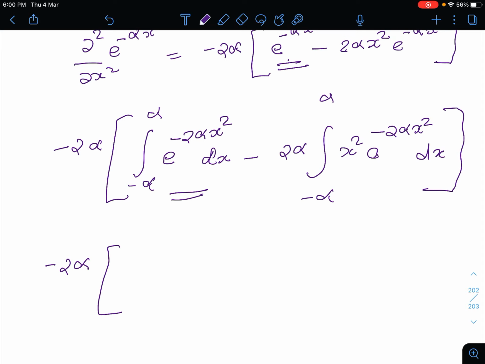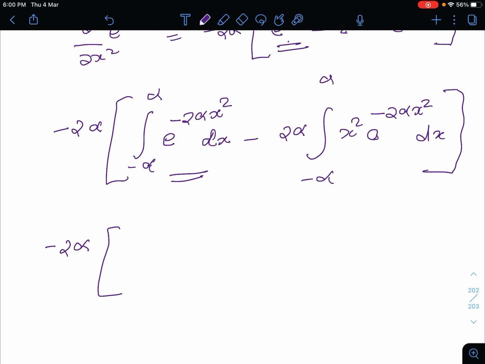I mean, you have to use the gamma function, but the integral minus infinity to plus infinity e raised to minus 2 alpha x square is equal to pi by 2 alpha all raised to half.